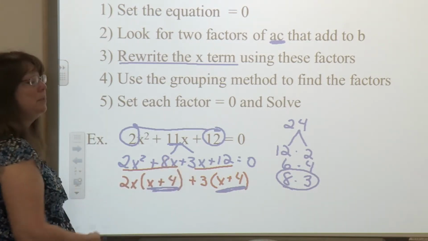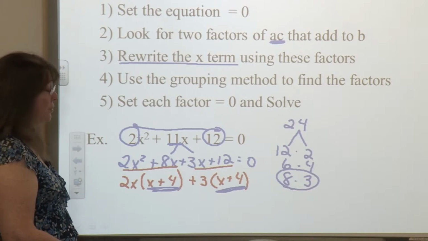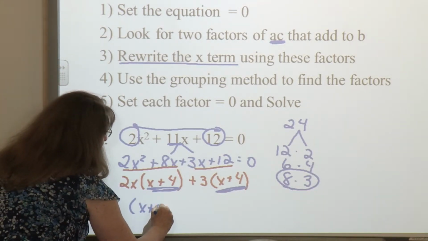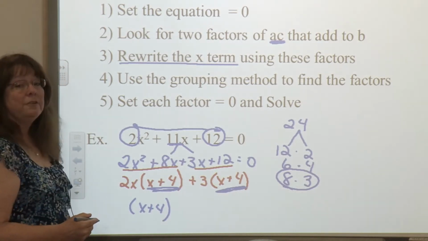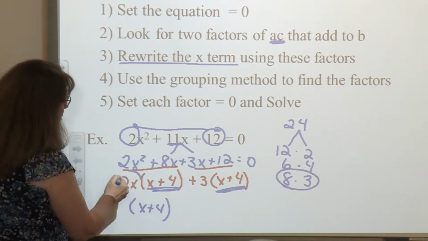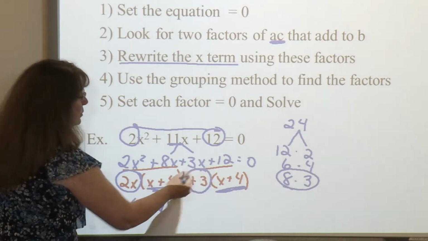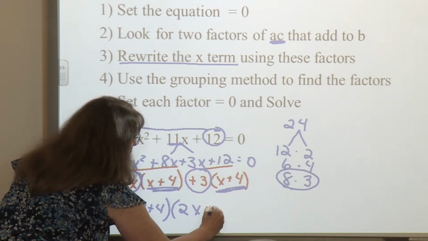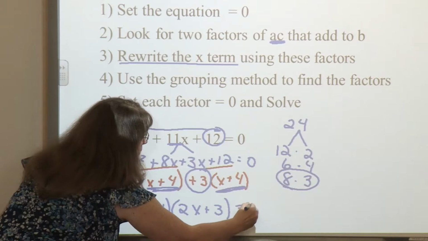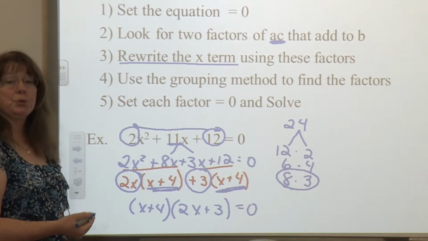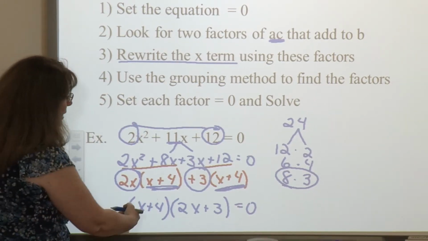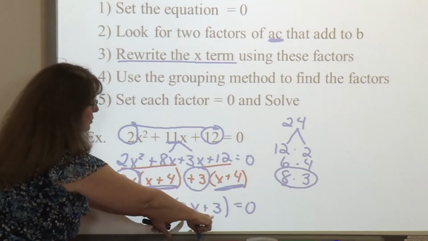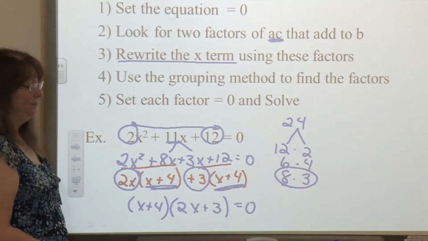Once you notice that x plus 4 is a common value for both, that's one of your factors, x plus 4. The other factor you're going to get from the 2x and the plus 3, the values that are in front. So this is how you can use your grouping method. X plus 4 is that common factor that they both have, and the 2x plus 3 becomes your other factor.